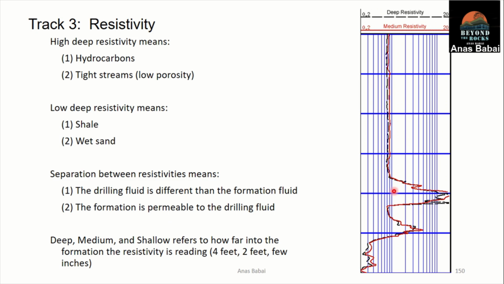So we have a drilling fluid, and we have hydrocarbon or water, or either that the formation is permeable, allowing the drilling fluid to invade or move from the borehole inside the formation.